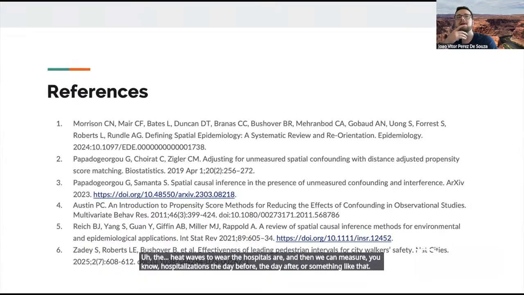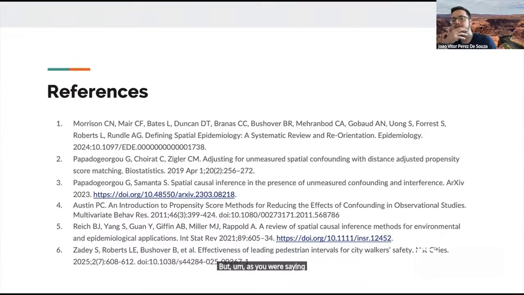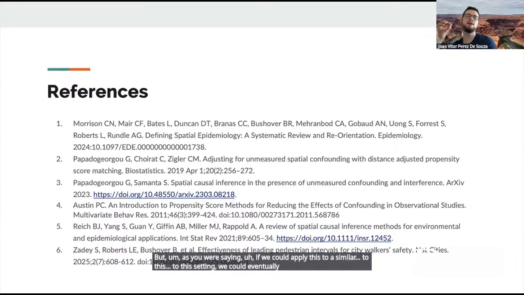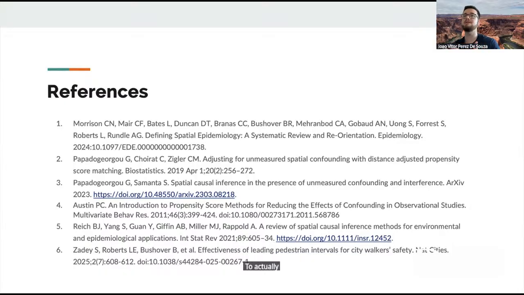But as you were saying, if we could apply this to a similar setting, we could eventually get to a more sensible, I want to say even a sensitivity analysis, of matching the hospitals that are really similar or close enough to actually measure the impact of this treatment, which is the heat wave. So I really think that this could be a direct application to that.